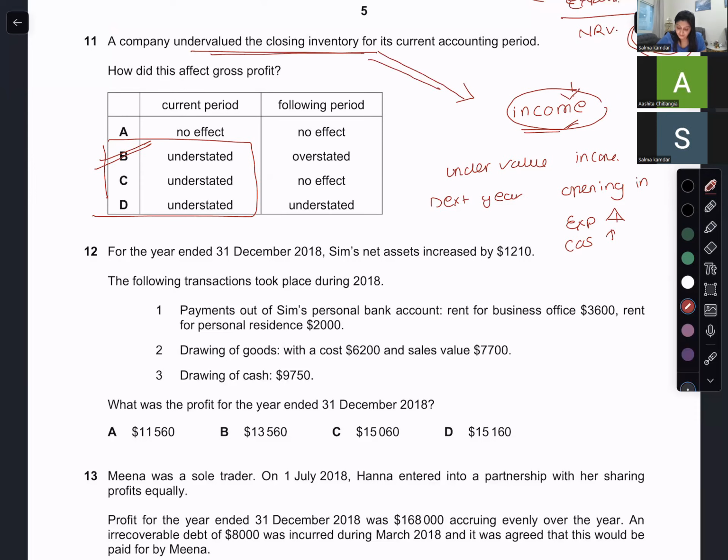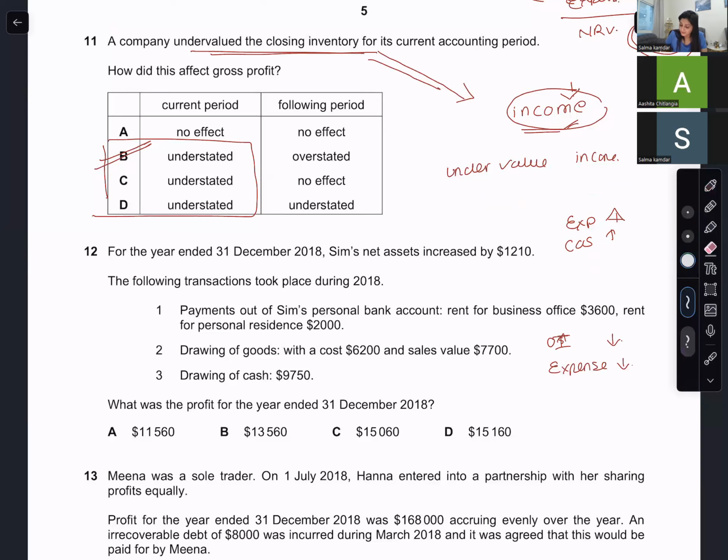Current year income is understated, and for the following period, the opening inventory would be understated. Opening inventory is understated. That means expense is also understated.